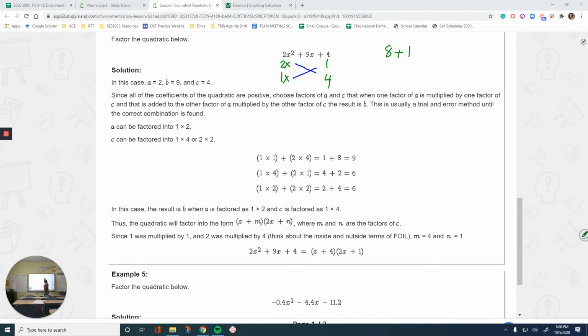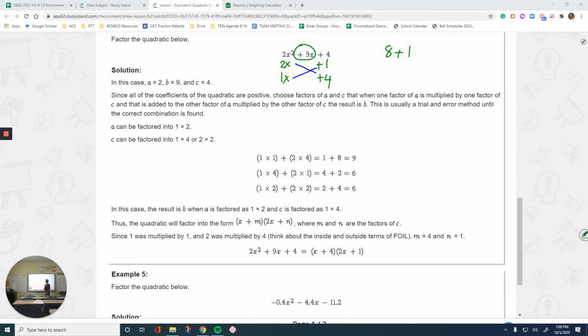So when I multiply these two, 1 and 4, I want to end up with positive 4. That means both of my numbers are either positive or negative. But I know that they are going to be positive because the sum should be positive 9. When I add them together, I want to end up with a positive number, so both of them should be positive. If I make them negative, the sum is going to be negative.